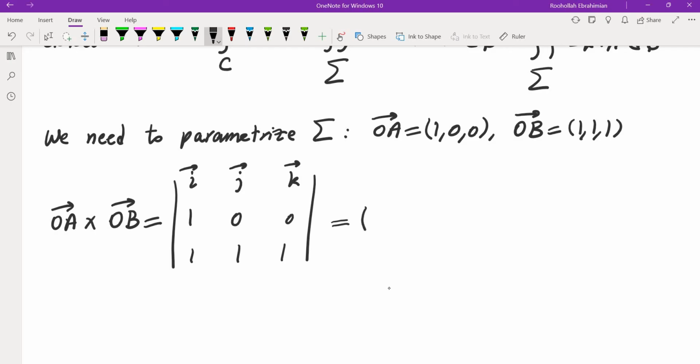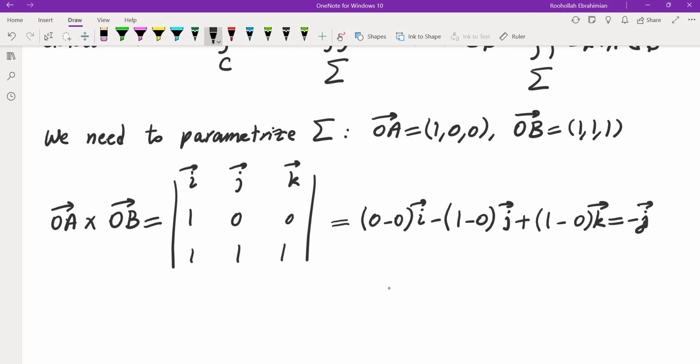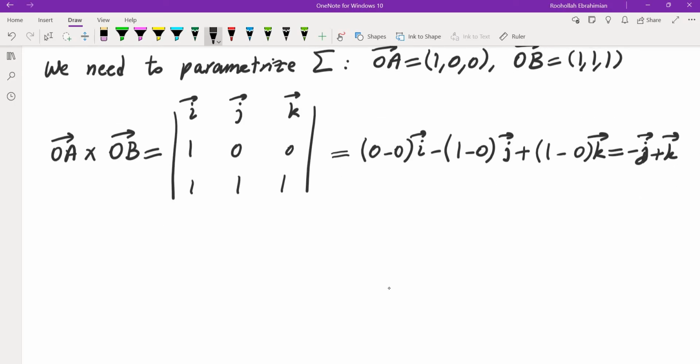Eliminating the first column, we get 0 minus 0 i. Eliminating the second column, we get 1 minus 0 j. And eliminating the last column, we get 1 minus 0 k. So this would be minus j plus k. This is a normal vector. So sigma becomes the plane containing this normal vector.